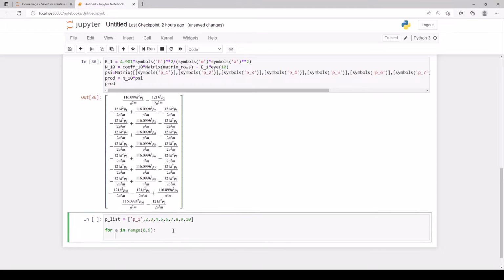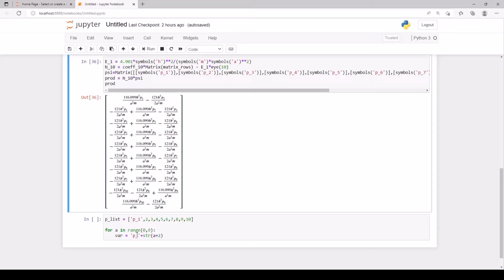Next, what I'm going to do is define my variable of interest. In that case, our variable is going to be P and then plus the string of A plus 2. So A starts at 0, but my psi variable that I'm solving starts at 2. Because remember, the first term I want to solve is going to be P2.